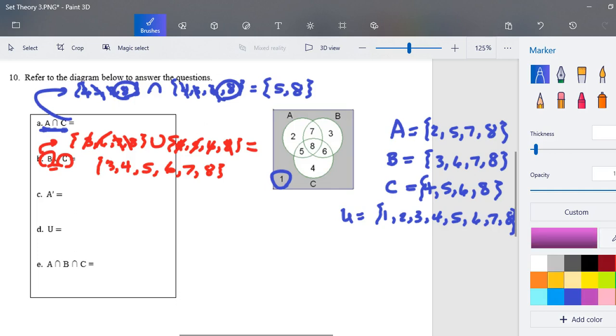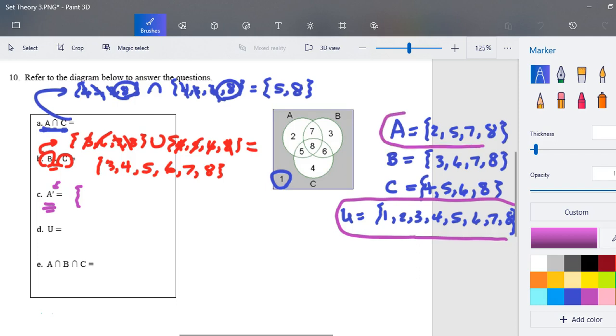Again, remember you can pause, you can take time to think through each one of these. You can rewind, if you will, and go back and hear them multiple times. So the complement of A means I need to go find the universe. The set that I'm looking for on the complement is going to be everything that's in the universe, but not including what's in A. So A has 2, 5, 7, and 8.